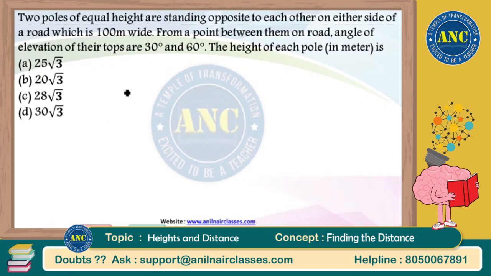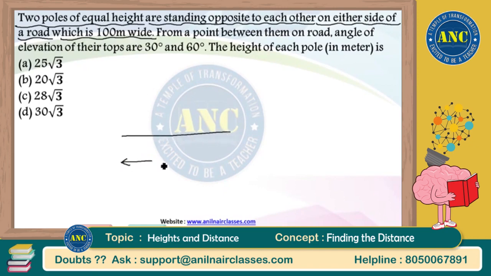Now, please see this question. Question number 16. Again, a very good question. Two poles of equal height are standing opposite to each other on either side of a road which is 100 meters wide. The width of the road is given as 100 meters, and on either side of the road there are two poles.